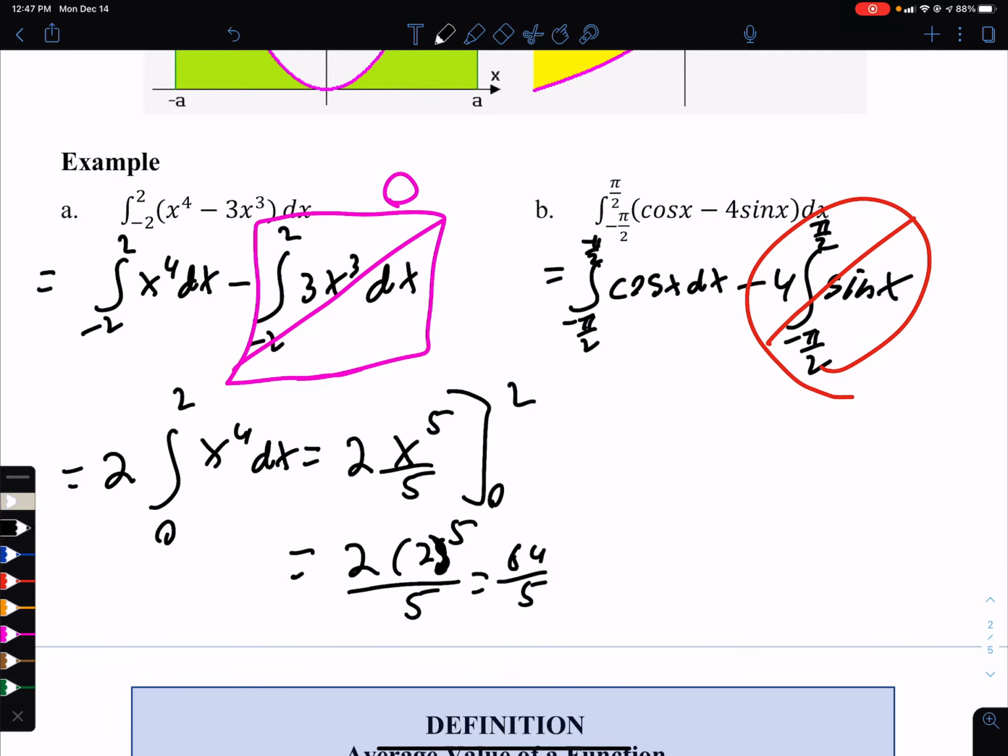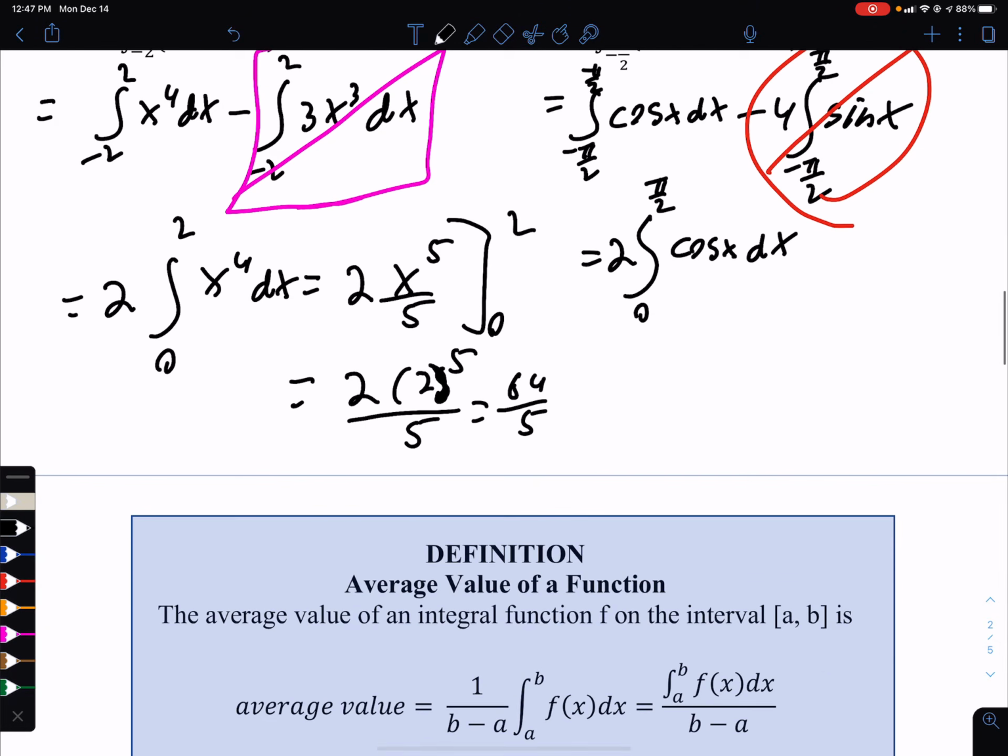So we don't need that part. So all we have left is a cosine. And the antiderivative of cosine is the sine. One more step. Since the cosine is an even function, I can just do half the integral and double it. My life is going to be so much easier.